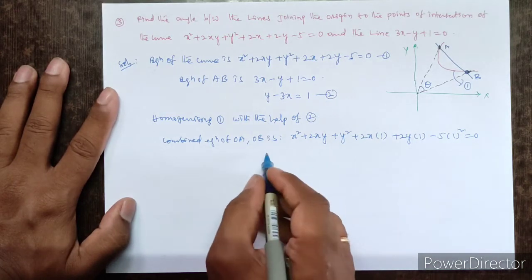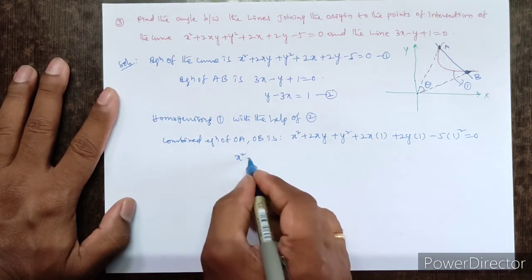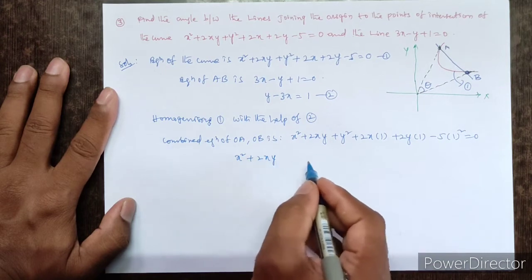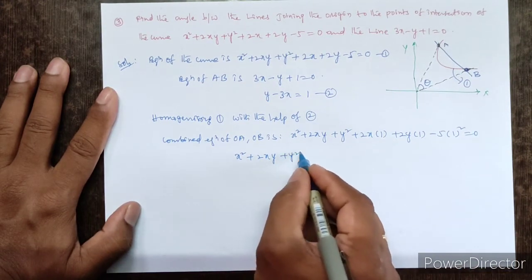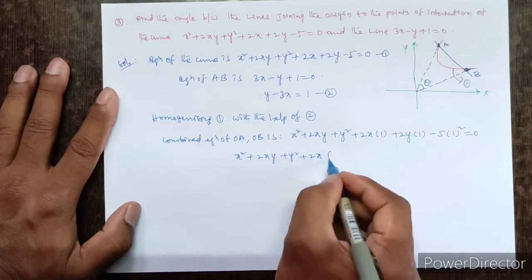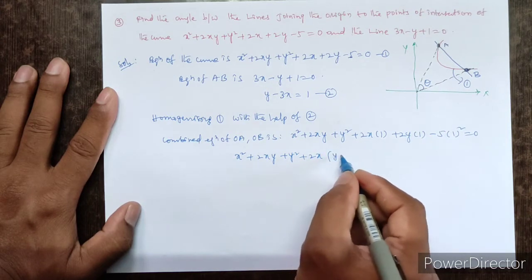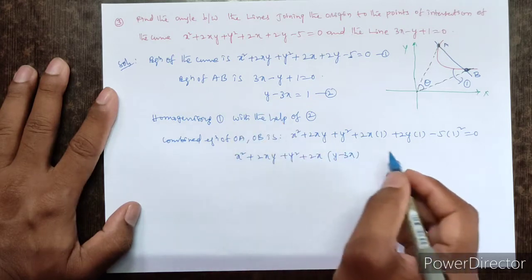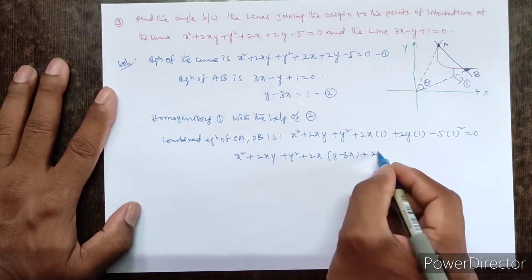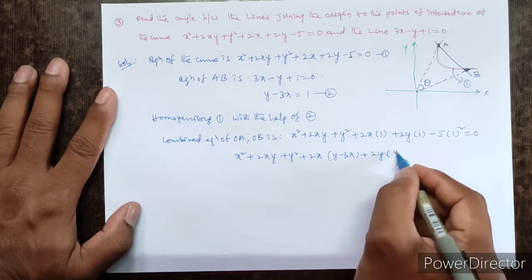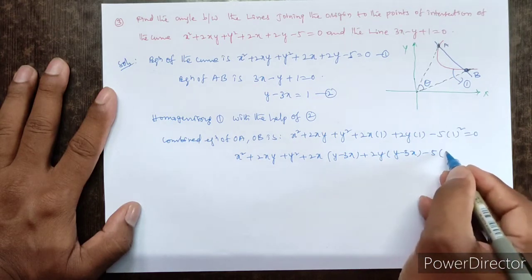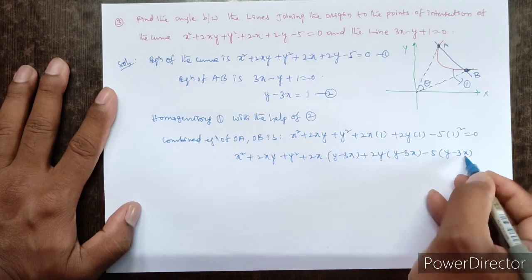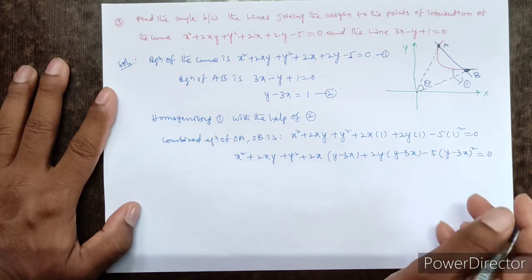So x square plus 2xy plus y square plus 2x times (y minus 3x) from 2, plus 2y times (y minus 3x), minus 5 times (y minus 3x) whole square.